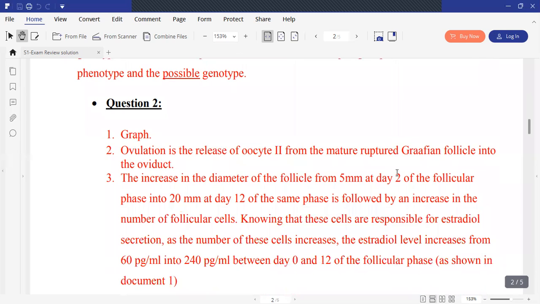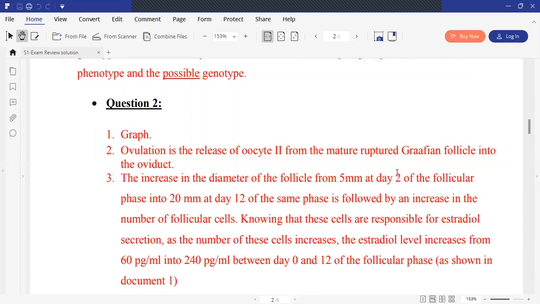3. Explain how the transformation of the follicle in document 2 leads to the variation of the level of estradiol during the follicular phase. You have to use your knowledge also. The increase in diameter from 0.5 centimeter at day 2 of the follicular phase to 20 millimeter in the same phase is followed by an increase in the number of follicular cells.